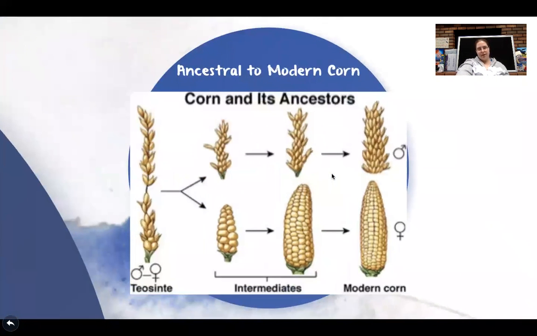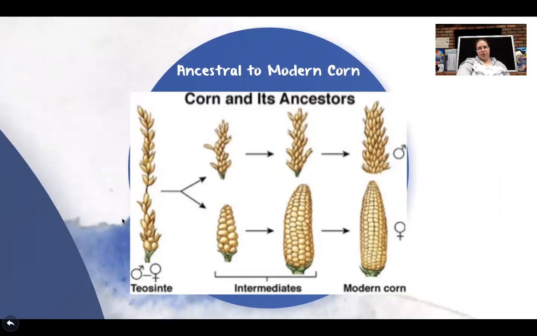Corn, for instance. So this was the ancient corn, the ancestor of corn. It does not look like this. We see it more so like this. And the reason for that being, this one provides more of the pollen to make the corn. And this, the female variety, is what we eat.